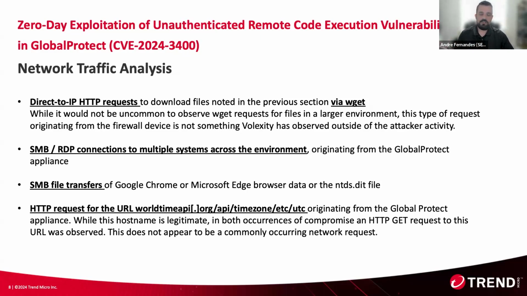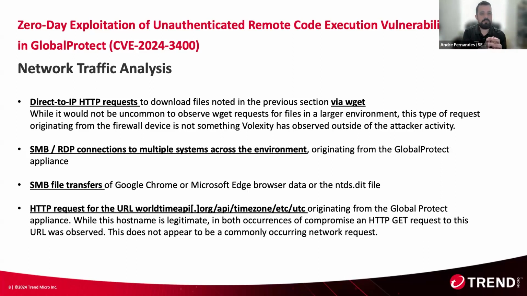And the information you can see here is also part of the Velocity report, the network traffic analysis. As you can see here, the attackers were executing techniques or tools that are commonly used on any environment. I mean, we are not talking about a zero-day malware or a zero-day ransomware in terms of techniques or how they were trying to do lateral movement and compromise additional devices, like direct-to-IP HTTP requests using wget.